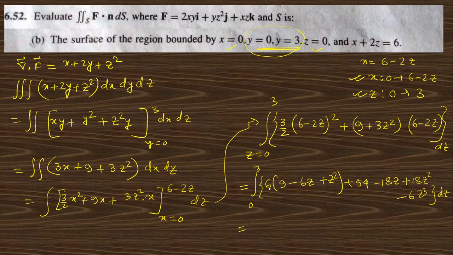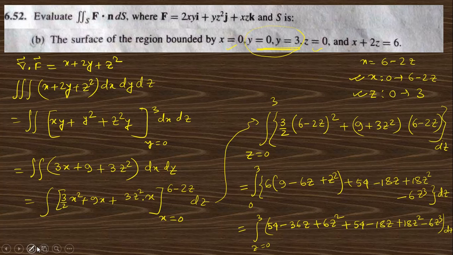So we rearrange this: 54 minus 36z plus 6z square, plus 54 minus 18z plus 18z square minus 6z cube, into dz, with z from 0 to 3.